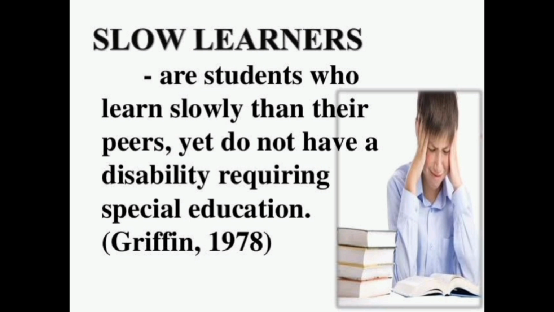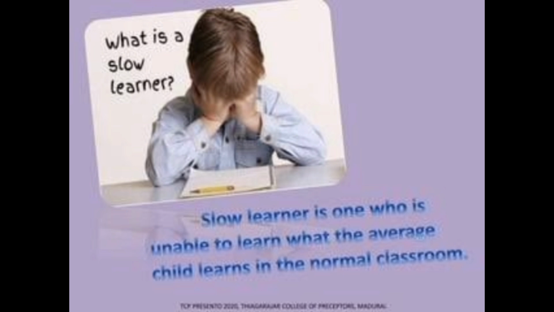I'm going to be sharing with us 7 ways to improve a slow learner. All right, first of all, who is a slow learner? Now there are different definitions, but the one I'm going to give to us is this. A slow learner is a student or a child who has difficulty in understanding and retaining information.